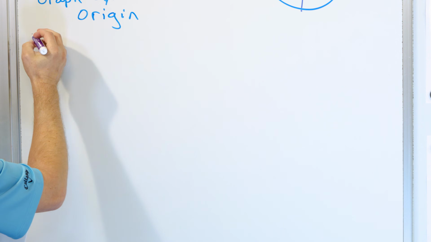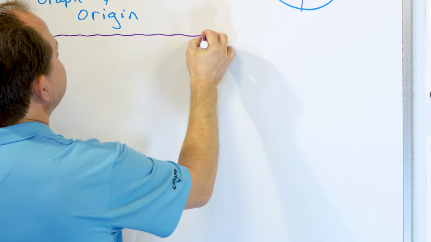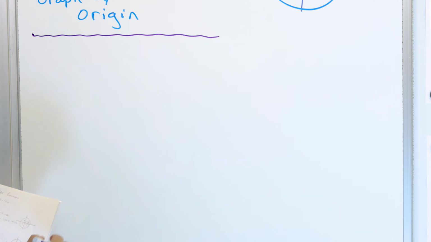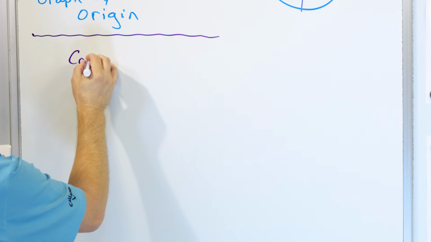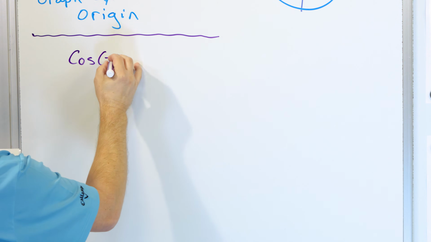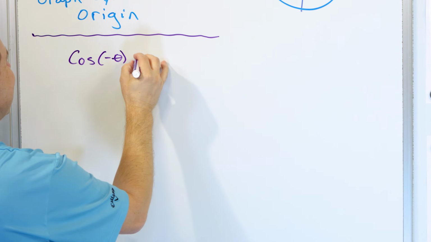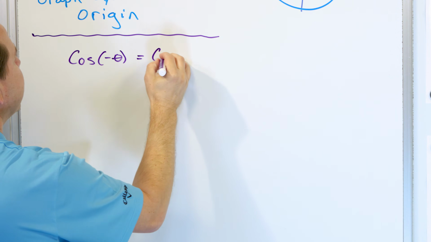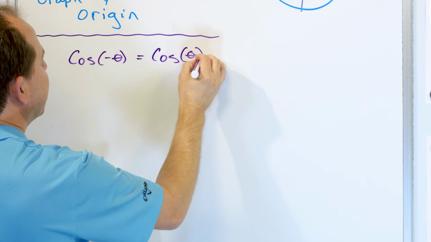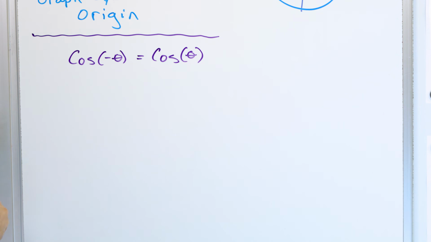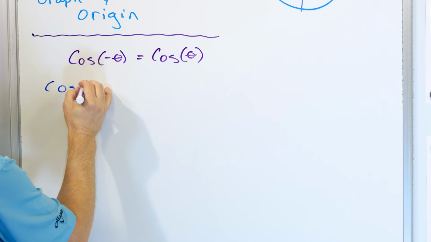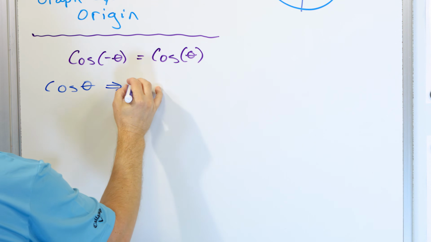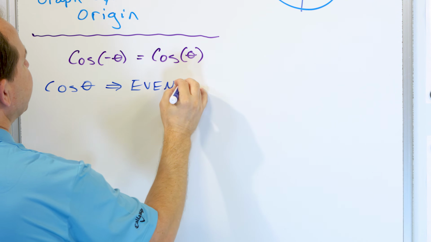Okay, now what I'm going to do is write down the definition of what we call the even function that you would typically see in a textbook, and that would go something like this. For the cosine function, if you take the negative version of the angle, you get exactly the same cosine as you get by the positive version of the same angle. This is called cosine of theta is what we call an even function.